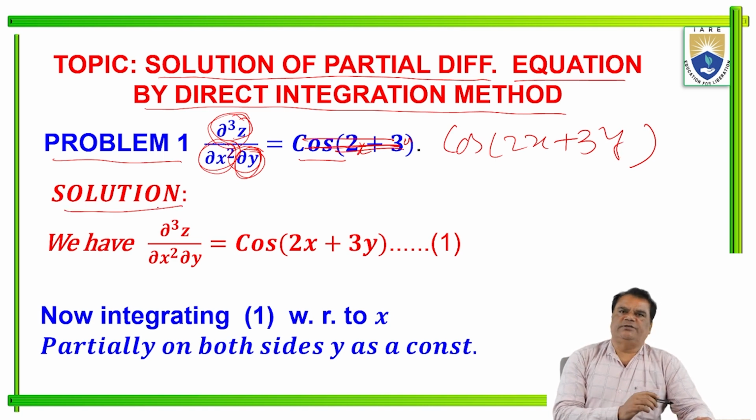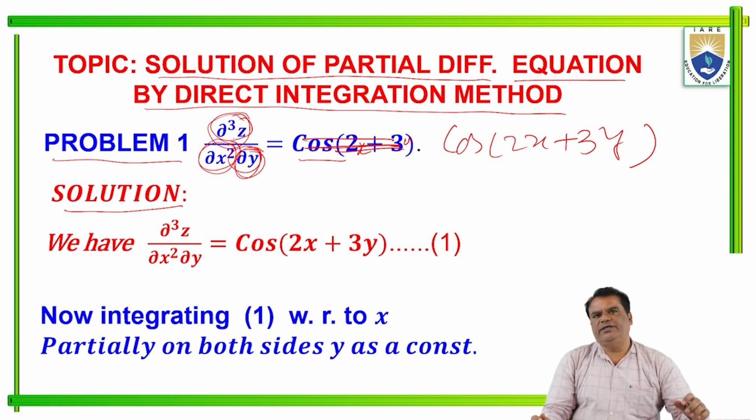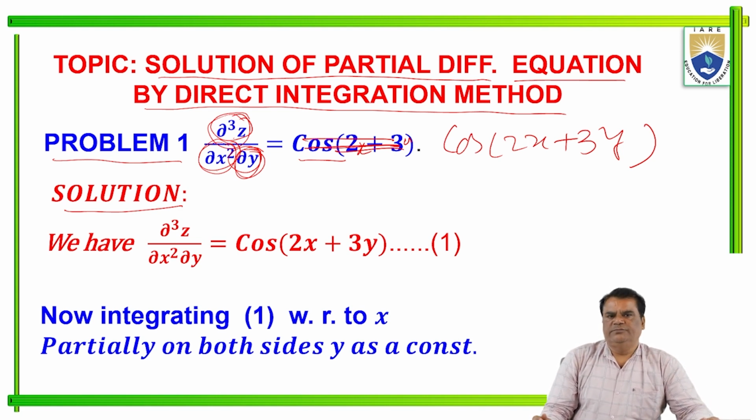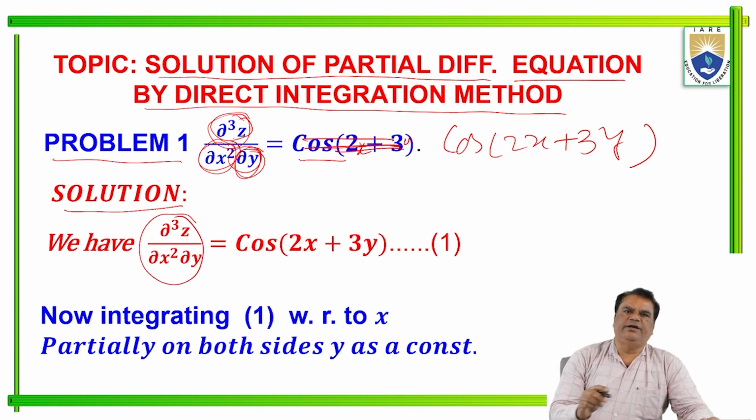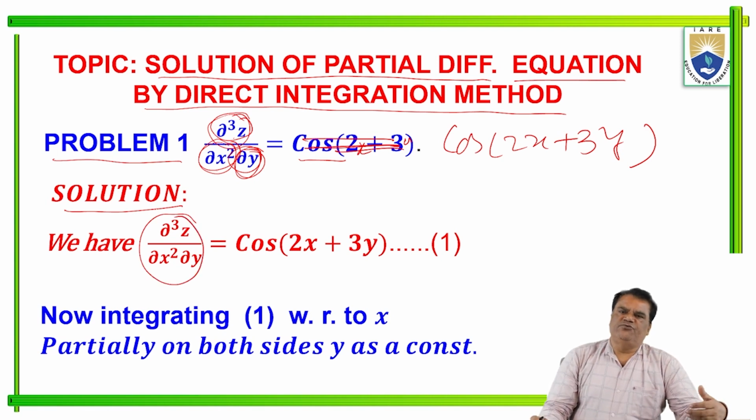Now start the solution. How can we find the solution of this partial differential equation of third order? This is a third order differential coefficient with respect to y one time and with respect to x two times. Total differentiation three times. The total order of this partial differential equation is 3.